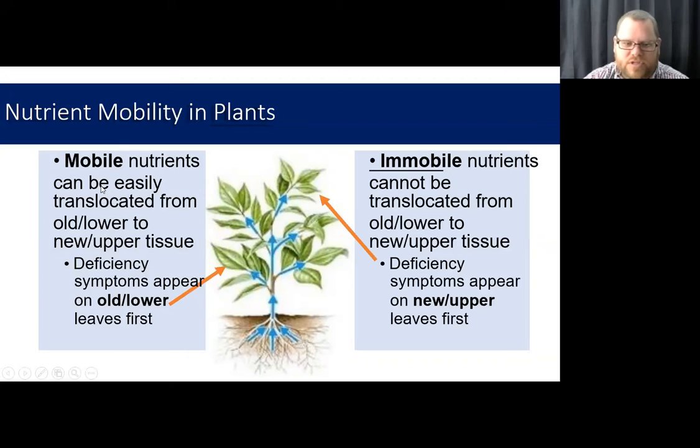Mobile nutrients can easily be translocated from older or lower to upper, newer tissue. If they're not mobile, then we see the deficiency up high because they're not going to the rest of the plant.